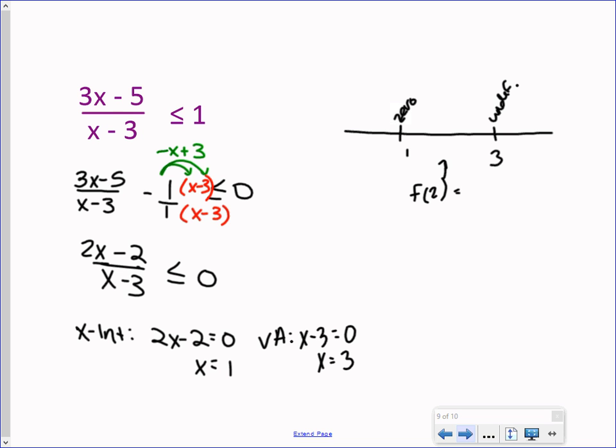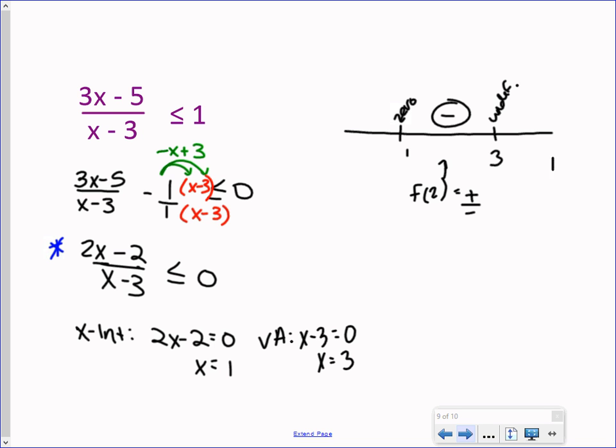If I put 2, and I'm going back to the simplified version when it's less than or equal to 0, in the numerator it'll be positive. In the denominator, 2 minus 3 will be negative. So it'll be positive over negative, which will give me a negative function value.